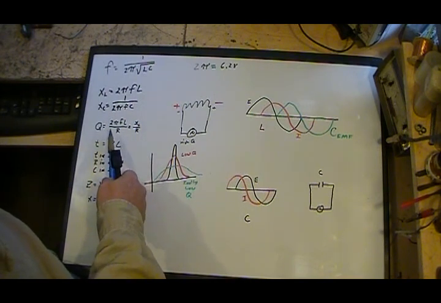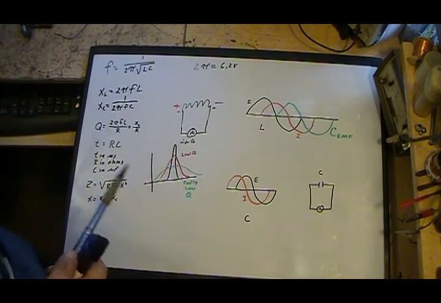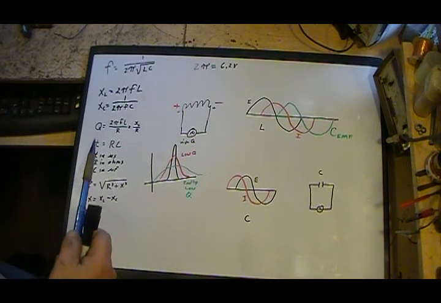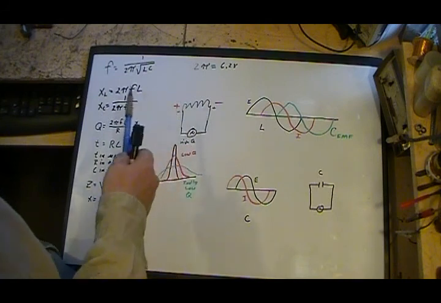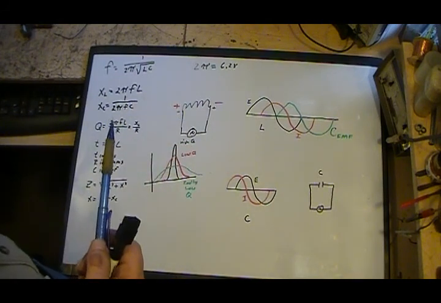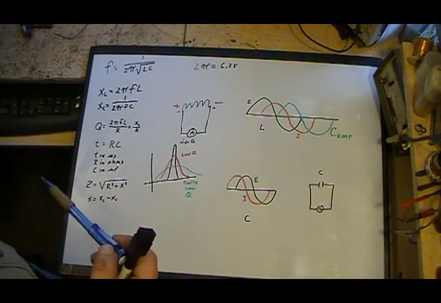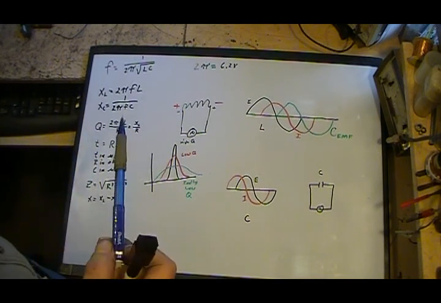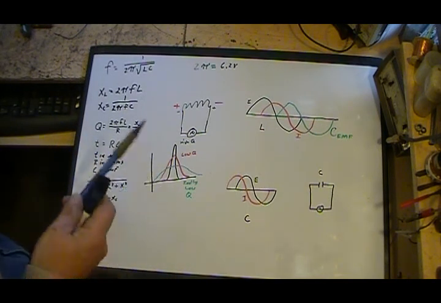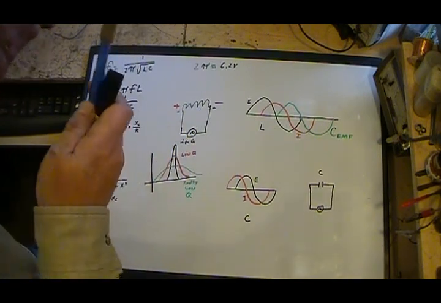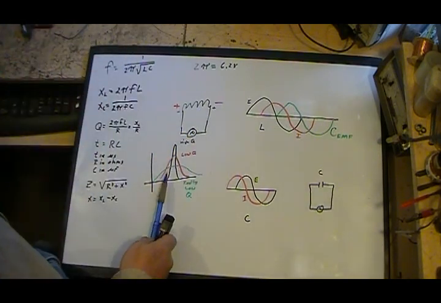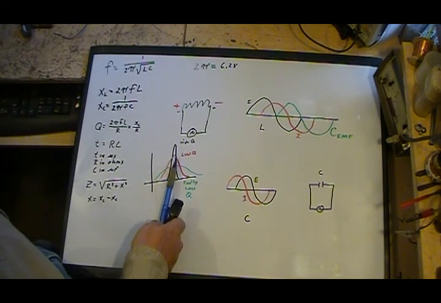You want Q to be as high as possible. Q stands for quality. The higher the Q, the less loss you have in the resonant circuit. It doesn't attenuate as much at resonant frequency. But the other thing too is, the higher the Q, the narrower the bandwidth, which is shown here.